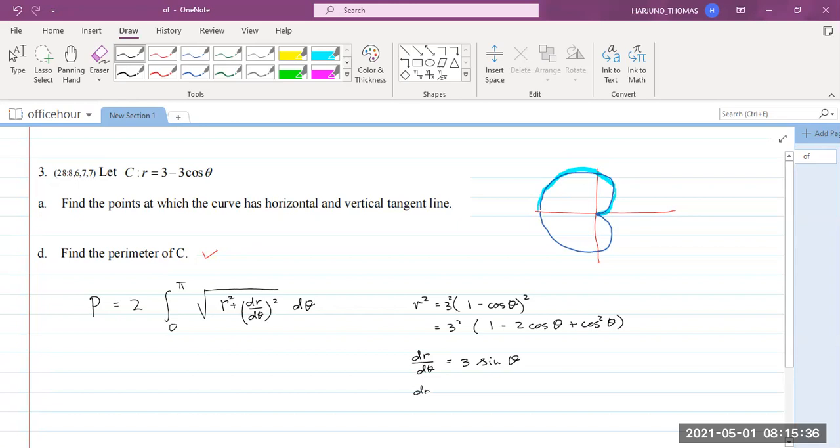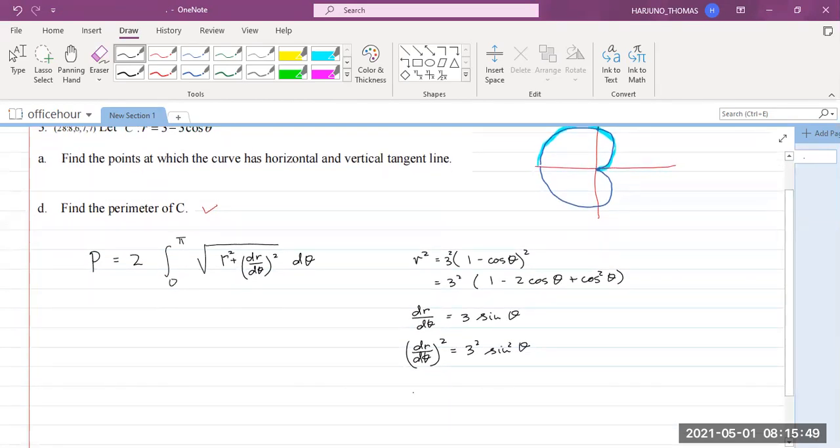So dr d theta squared will be 3 squared sine squared theta. So adding them, r squared plus dr d theta squared will be 3 squared, parentheses, 1 minus 2 cosine theta plus cosine squared theta. That's for r squared. Now then plus sine squared theta. That's for the dr d theta squared.